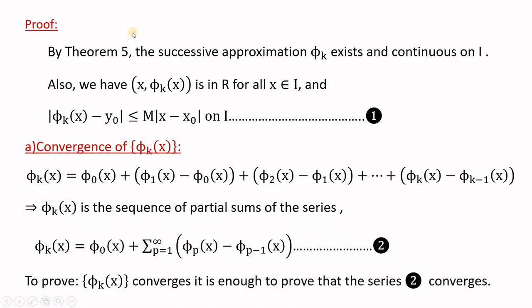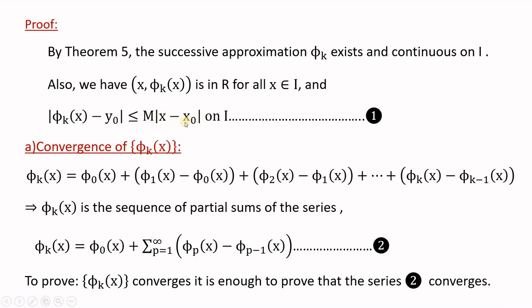By the previous theorem, the successive approximation φ_k exists and is continuous. Also we have (x, φ_k(x)) is in R for all x in I, and |φ_k(x) − y_0| ≤ M|x − x_0|.